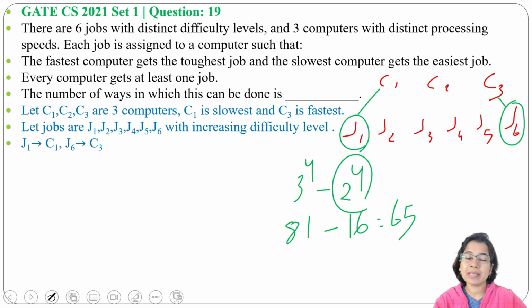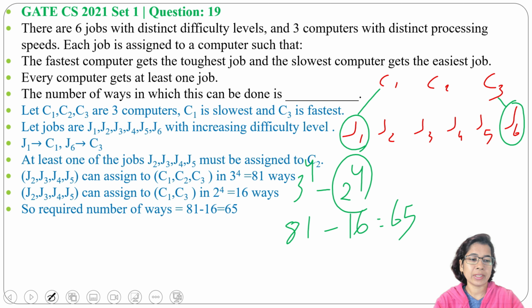So there are 65 ways in which we can assign 6 jobs to 3 computers such that the fastest computer gets the toughest job, the slowest computer gets the easiest job and every computer gets at least one job. J2, J3, J4, J5 we assign to all 3, then we assign to only C1, C3 and subtract.